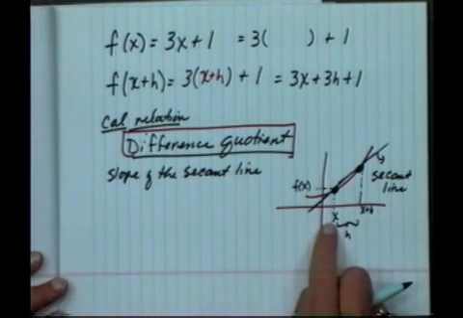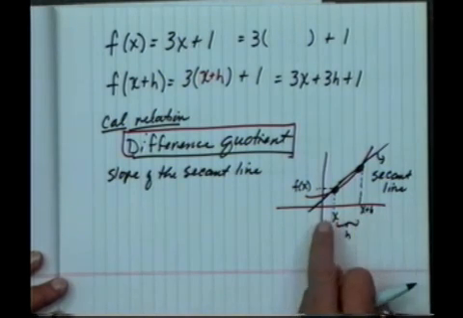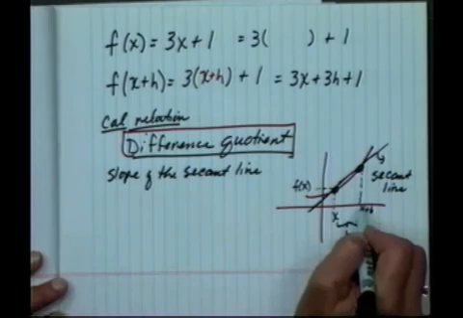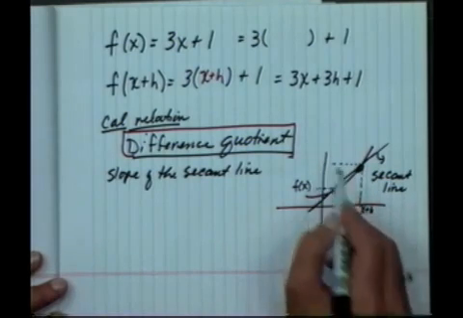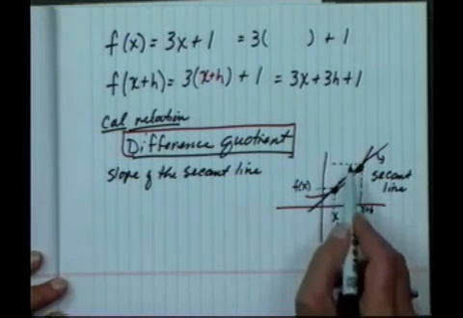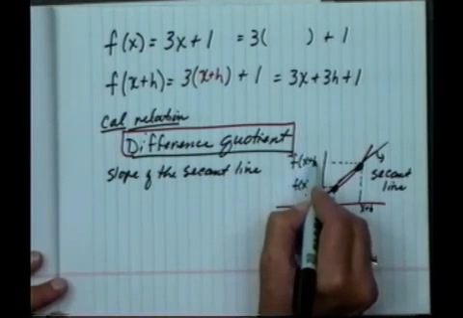So this might be the number 2, and this might be the number 5. If this is 2 and this is 5, then h would be 3. Does everybody see how that works? All right, so what's the y value associated with x plus h? f of x plus h.